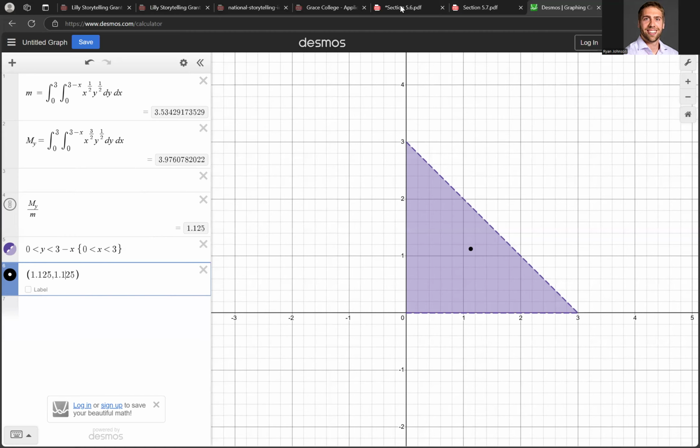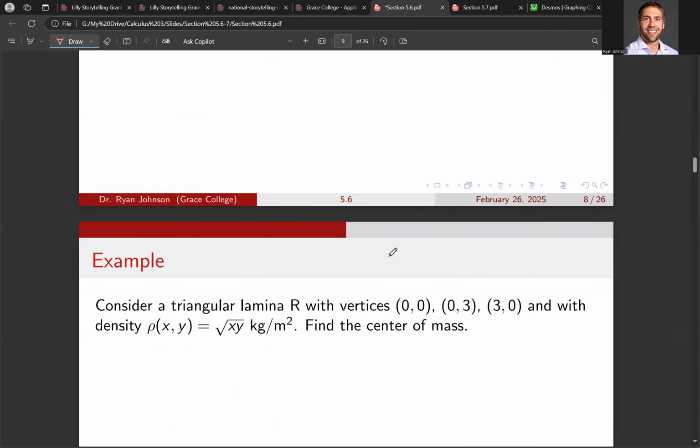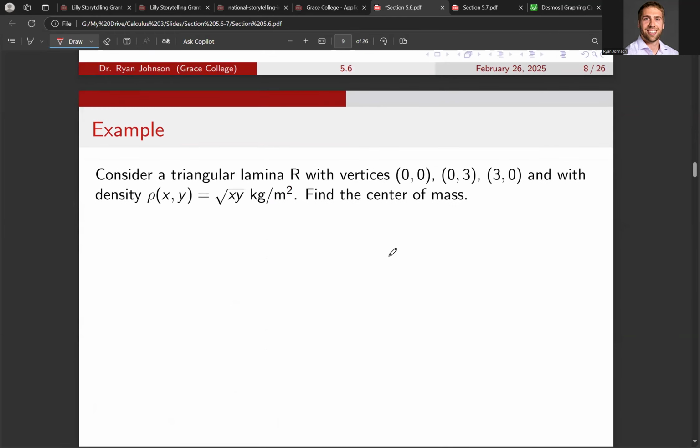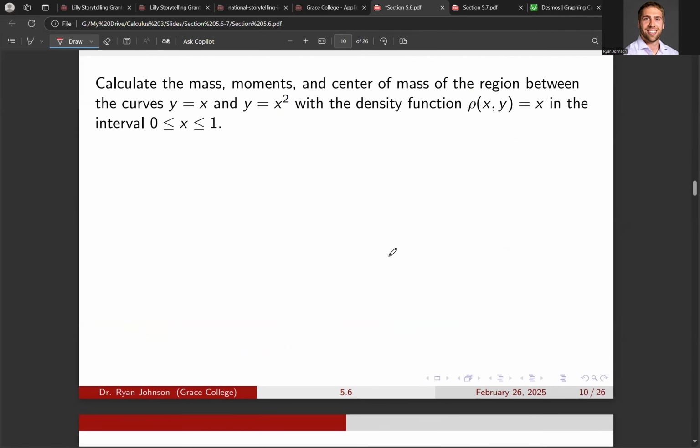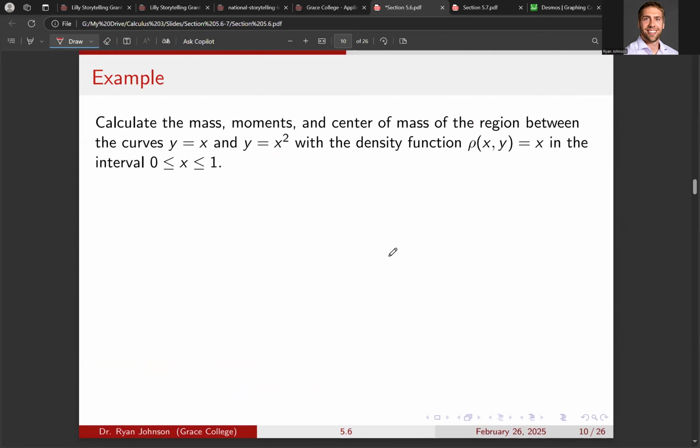Okay. Well, mass. All right. I learned my lesson and I've got an easier density function now. So now I've got a new thing here.